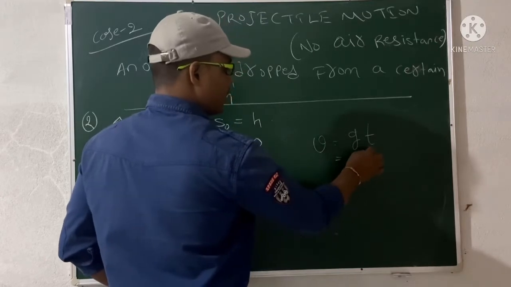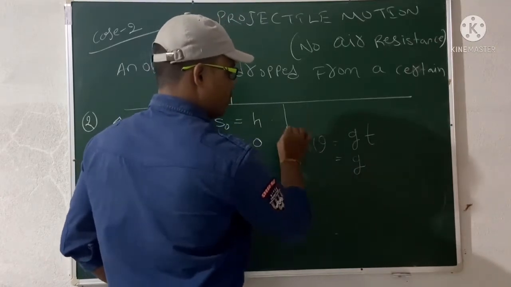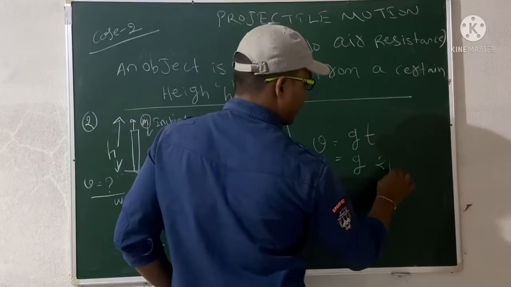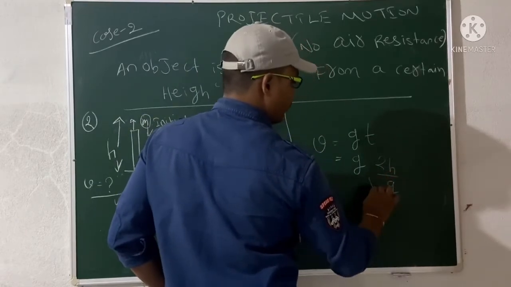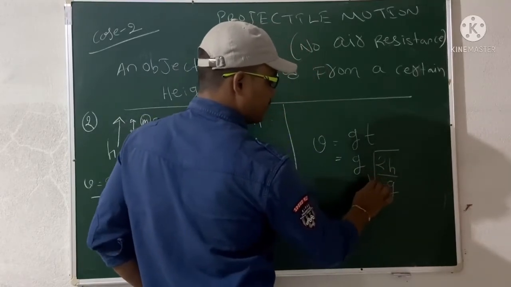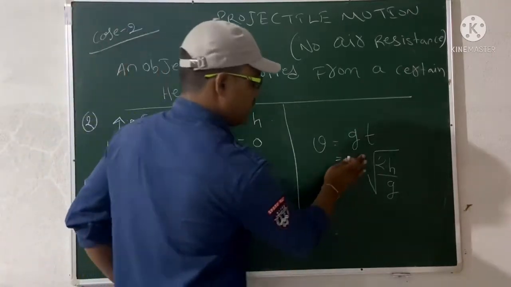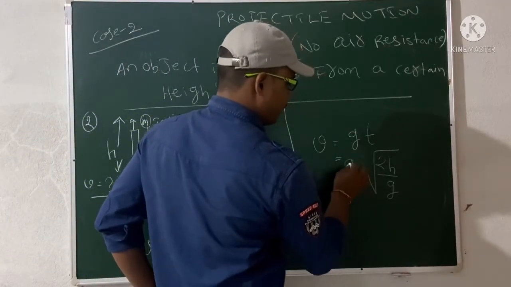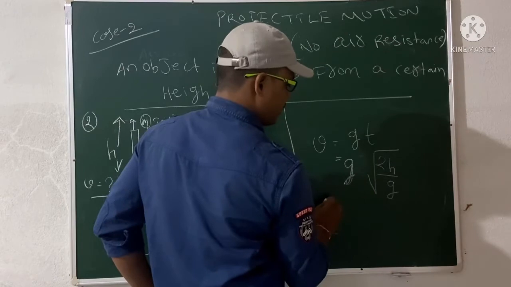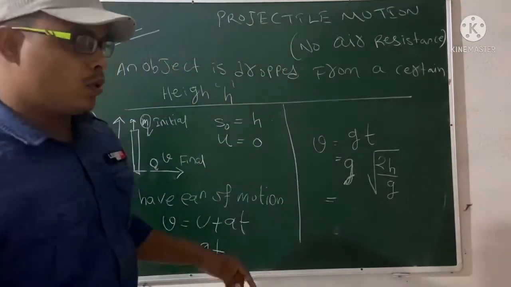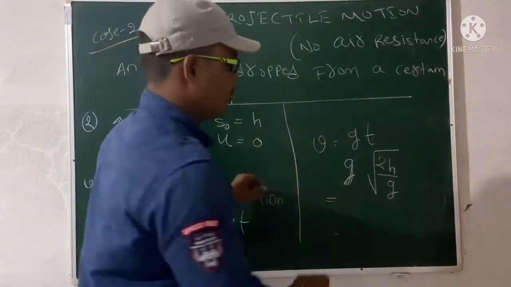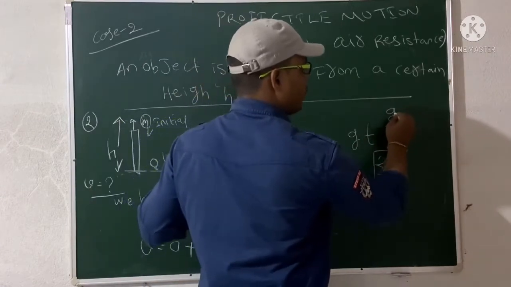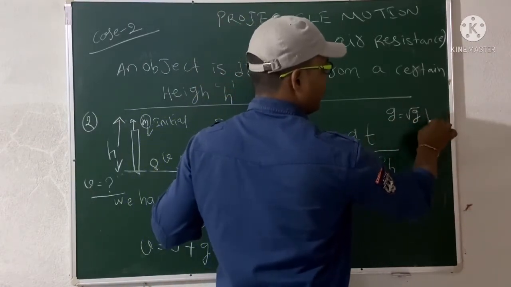So what is the expression of t? We found t equal to square root of 2h by g. So this is g into square root of 2h by g. Okay, so g means g equals square root of g into square root of g.